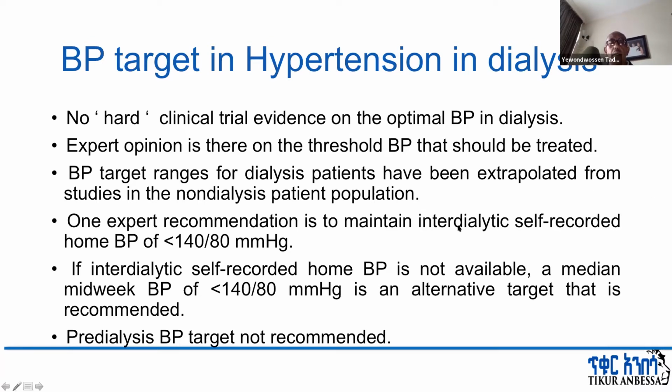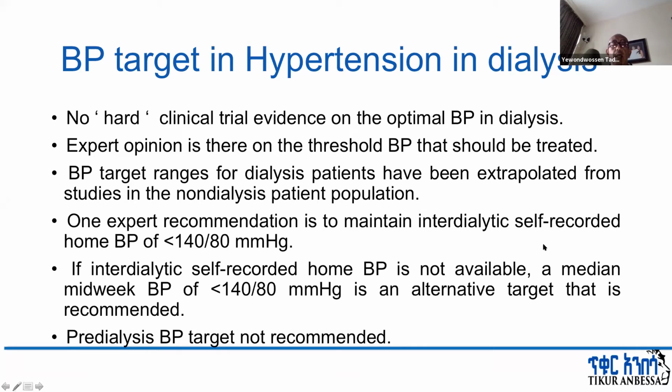One commonly referred recommendation is to maintain the interdialytic self-recorded home blood pressure at less than 140/80. You should note here that the recommendations are inclining to use home blood pressure rather than the pre and post dialysis blood pressure that I have emphasized are not very useful.